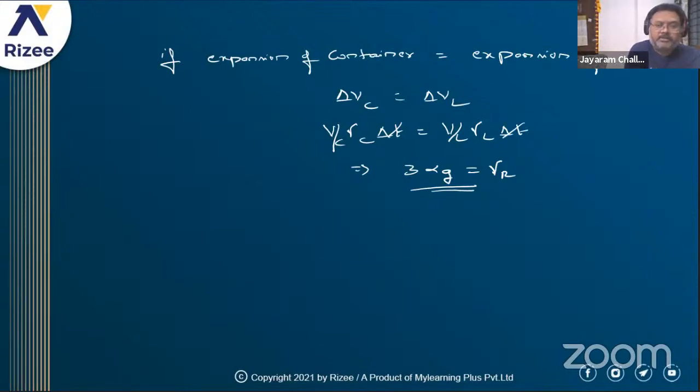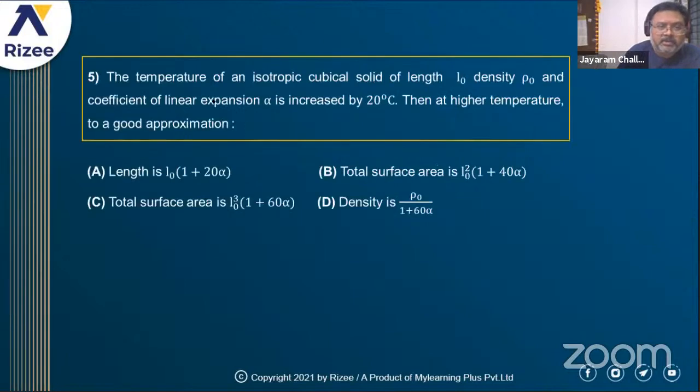Next, in this case, the temperature of an isotropic cubical solid of length L naught and density rho naught, with coefficient of linear expansion alpha, is increased by 20 degrees centigrade. Then at higher temperature, what will happen? When you are raising the temperature, obviously the length is going to change.